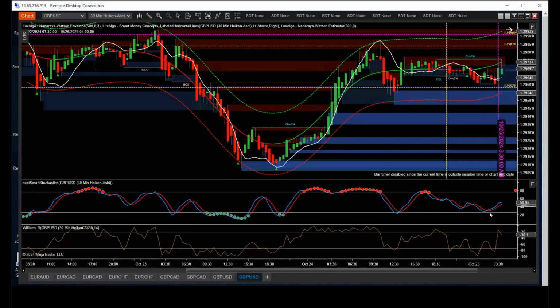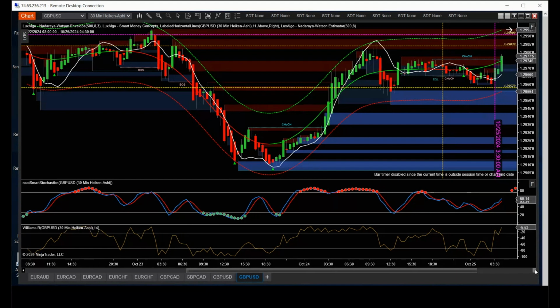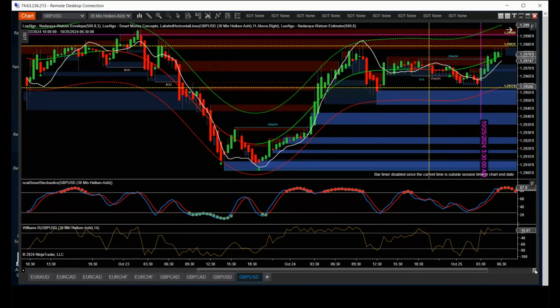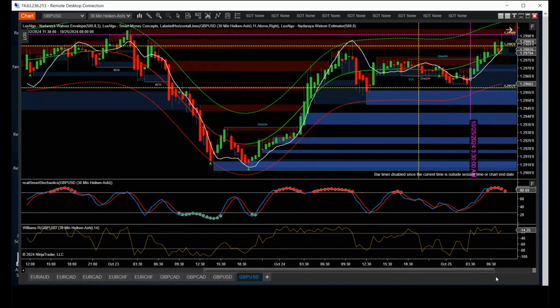We made our move down on our stochastics. We made our move down on our Williams, and we're heading up. Now we're looking to hover in this upper area for a while. And then as we start to move in, we almost hit our target, and then finally got our target close to 6:30 in the morning, right at our first high probability.